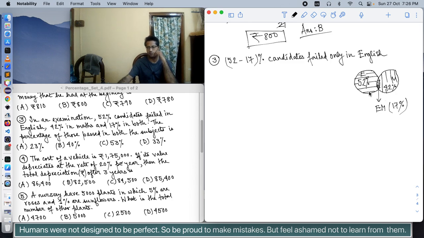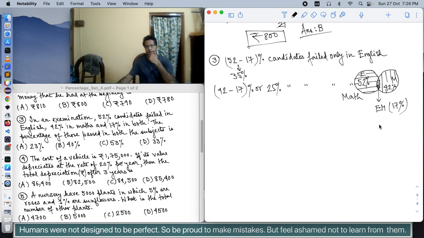So to find the percentage of candidates who only failed in English, we have to subtract 17 from 52. 52 minus 17 is 35. So 35% of candidates failed only in English. Similarly, 42 minus 17 is 25. So 25% of the candidates failed only in maths.